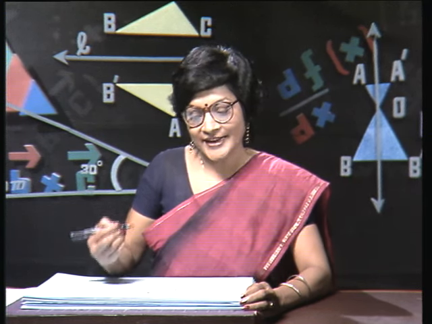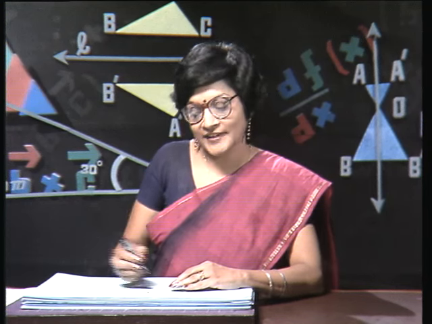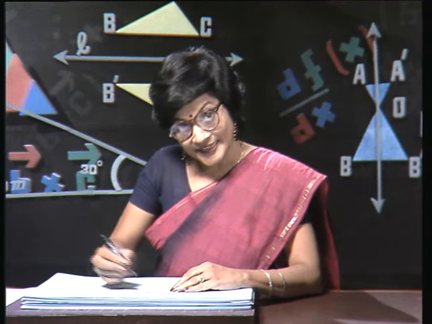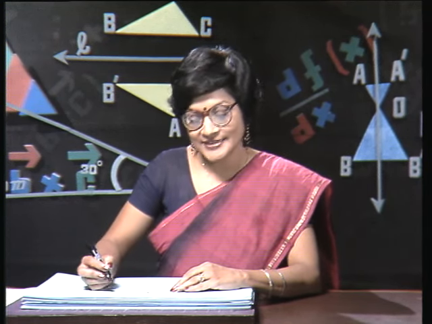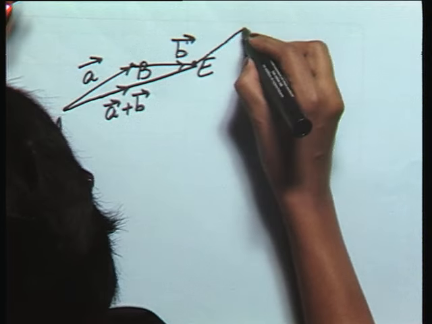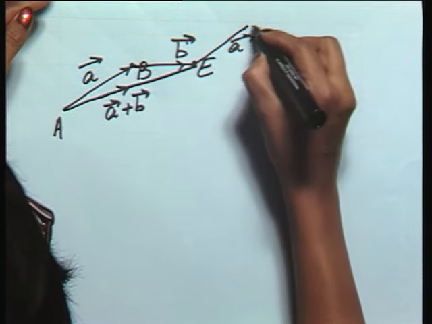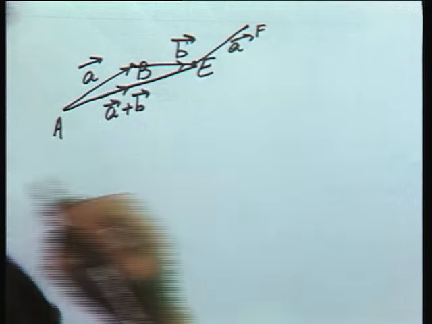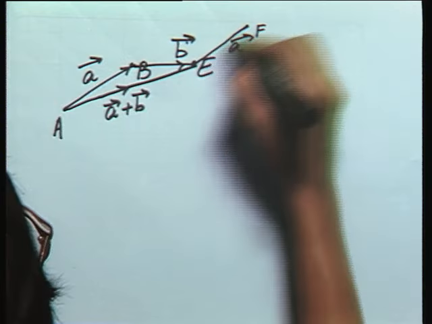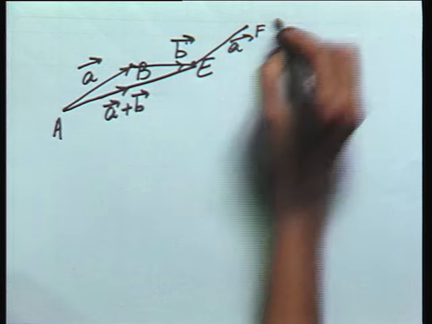Now, let us reverse the roles of A and B. We begin with the vector B and draw from its terminating point the vector A. This is supposed to be the vector A. Well, now these two lines are parallel to each other.